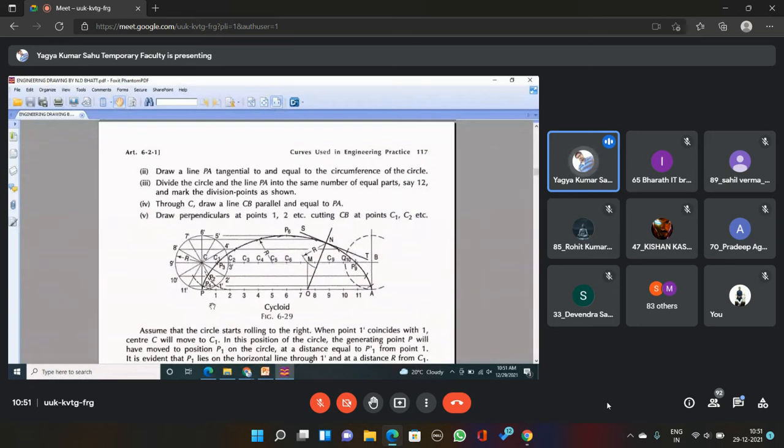Tell me, when the center of the circle will be at C1, initially it is at C. When the center will be at C1, what will happen? Tell me the position of P.